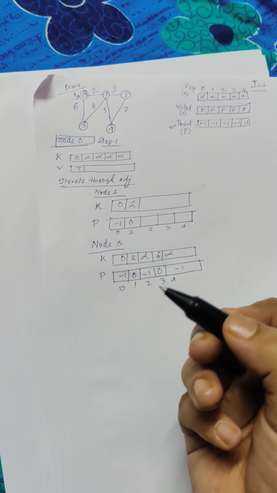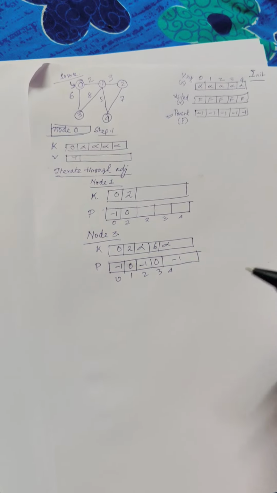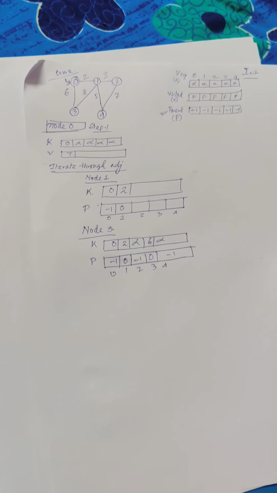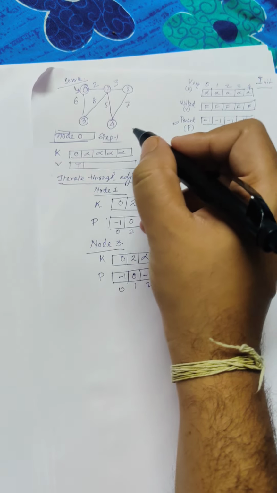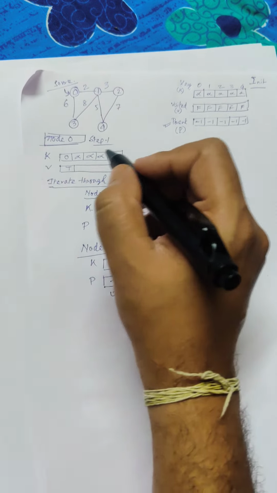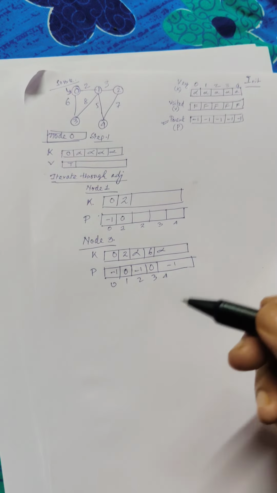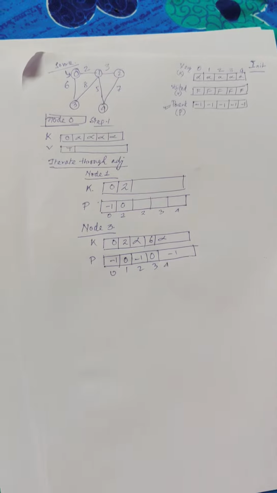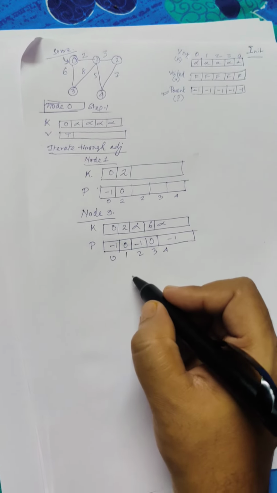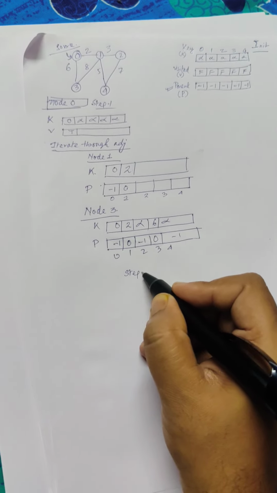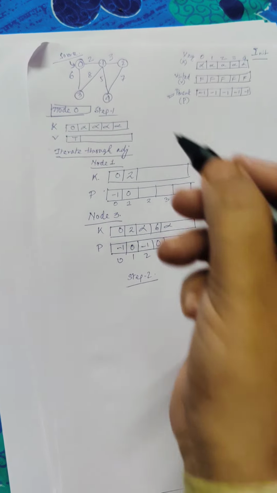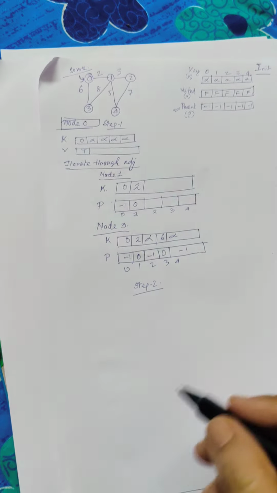In case of step 2, as I mentioned, every layer will take this array, the key array. The latest value of the key array is taken as input in every layer. So whenever we are considering step 2, which node we pick is directed by this key array.